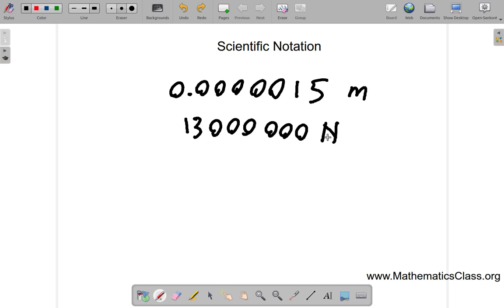So what we want to do is look at how we rewrite a number in scientific notation. First of all, let's deal with the large numbers, and then after that the small numbers. So for this video, we're looking at large numbers, right?